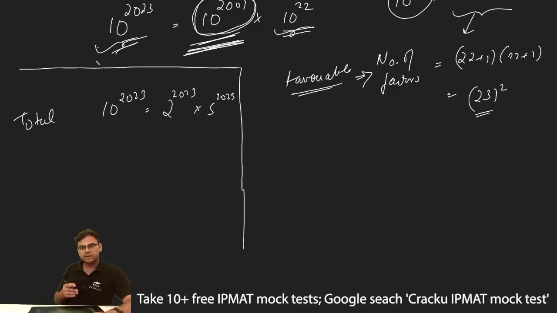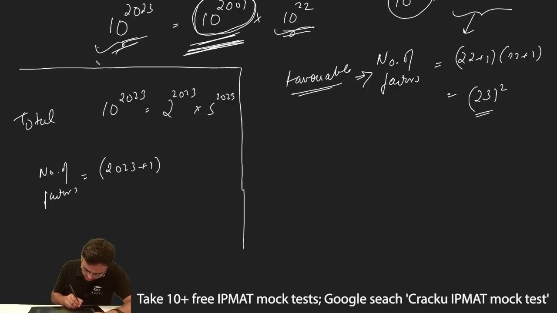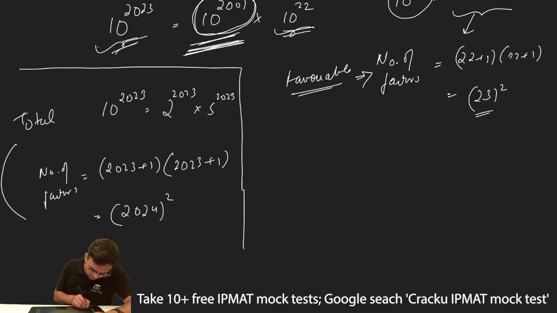Thus the total number of factors, again p to the power a, q to the power b, will be a plus 1 into b plus 1, which is 2023 plus 1 into 2023 plus 1, equal to 2024 whole square. Thus the total outcomes will be 2024 whole square, and favorable outcomes is 23 whole square.